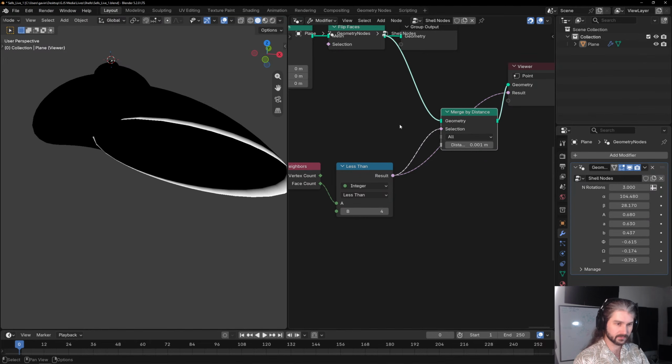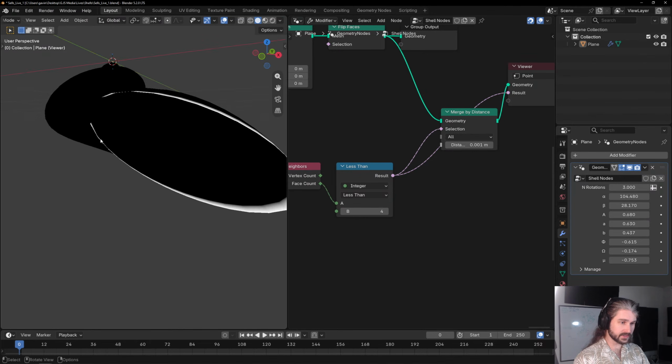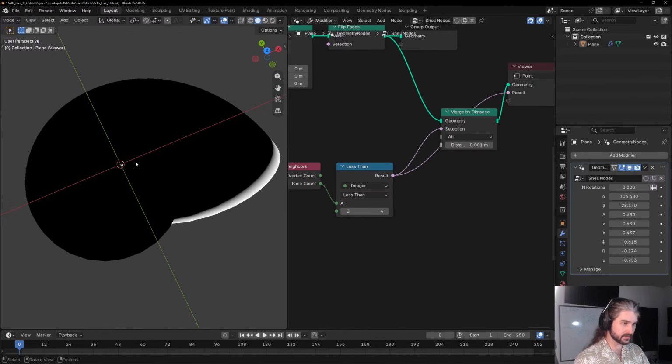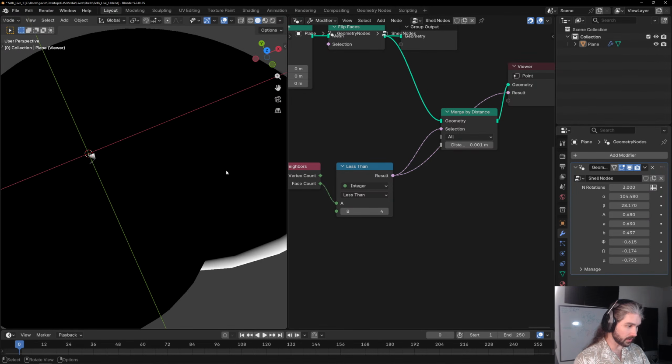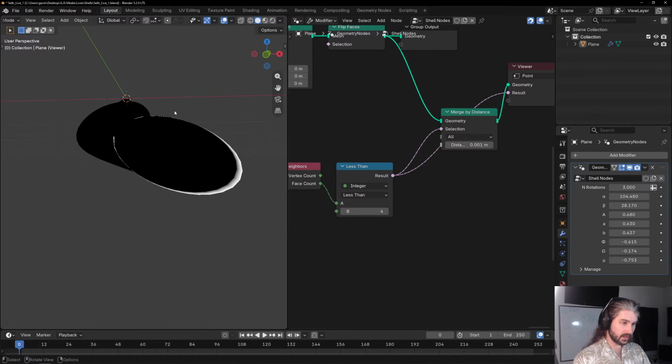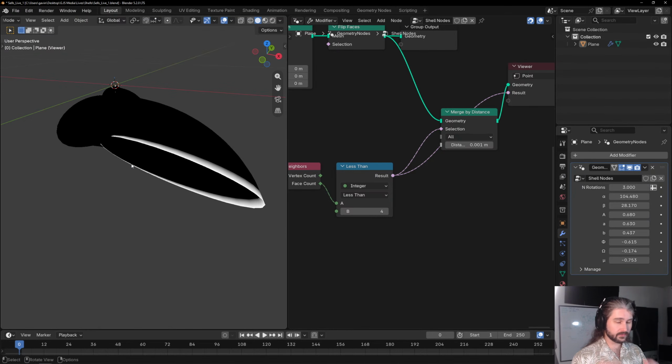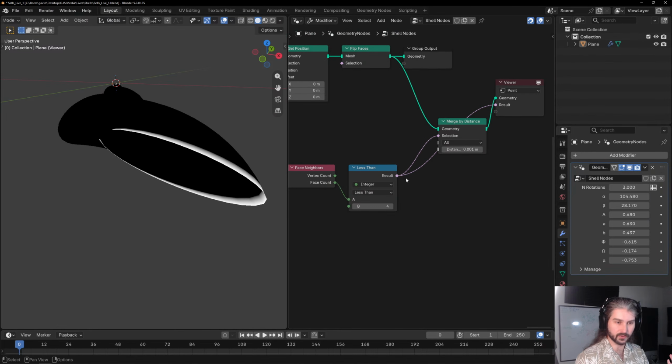There we go. It leaves both this opening and the very top open. And we could use that for, say, giving it some thickness. So we could extrude the mesh, then use this same operation again to merge all of the edges together.